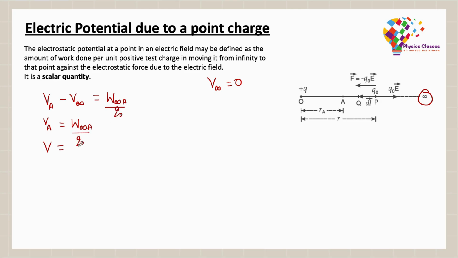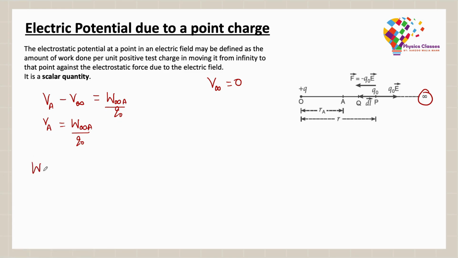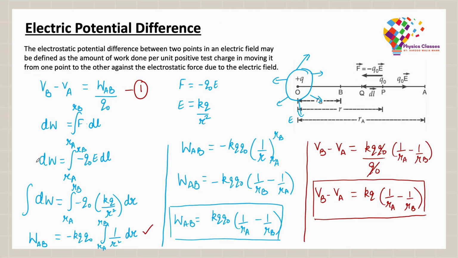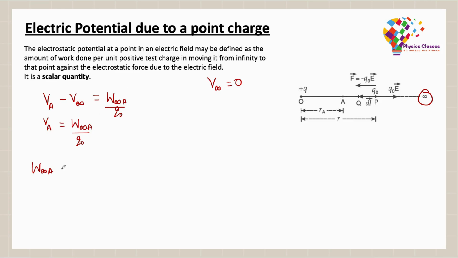The only difference is that when I write the work done from taking the charge from infinity to A, my limits would be different. Over here my limits were RA and RB. Here my limits would be infinity and RA. So this is simply equal to minus KQ Q naught, integrated from infinity to RA. That's the only difference.